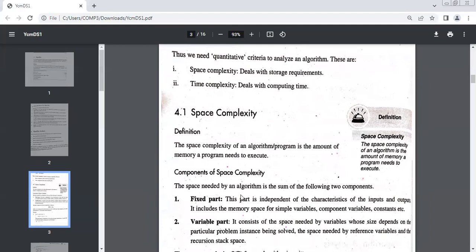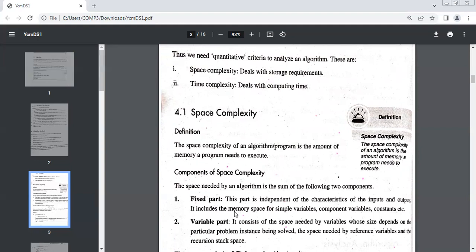Now the components of space complexity. The space needed by an algorithm is the sum of the following two components: the first part is a fixed part and the second part is a variable part. What is meant by the fixed part and the variable part? The fixed part is independent of the characteristics of the inputs and outputs.